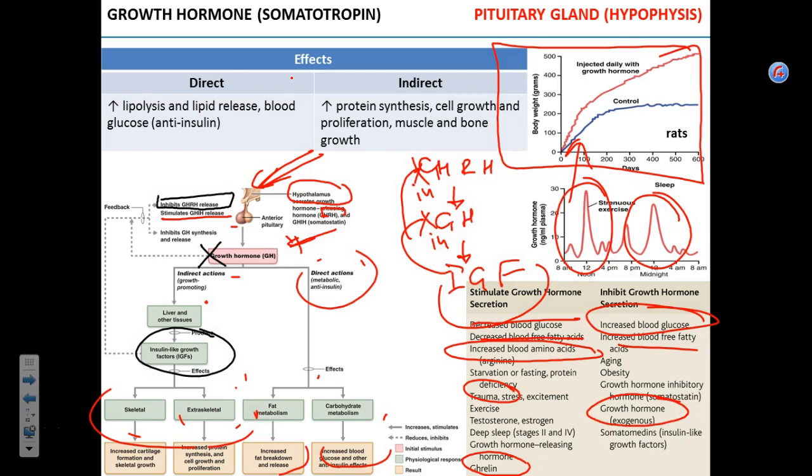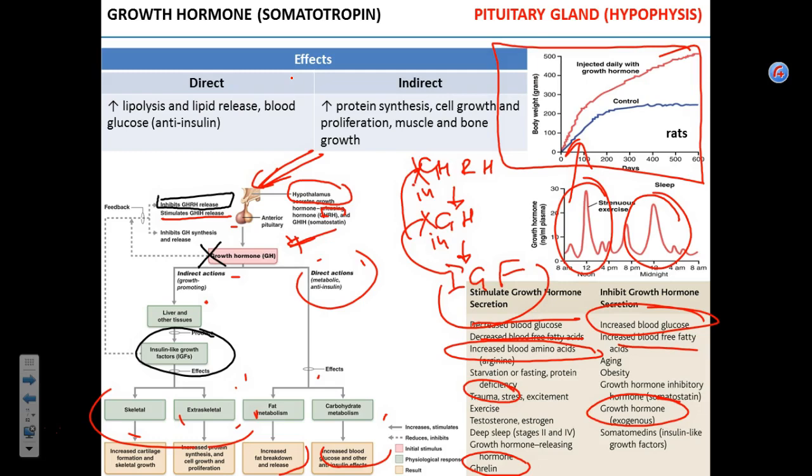And of course, think about this. Exogenous growth hormone. Imagine that I start to inject myself with growth hormone. What effect will it have? And I do it religiously every day, morning and evening.